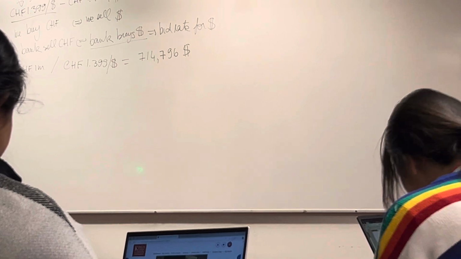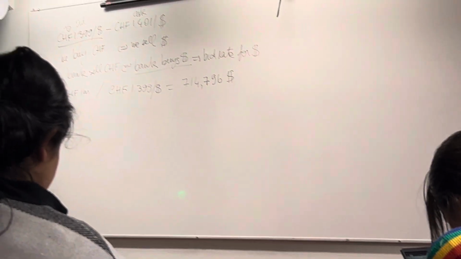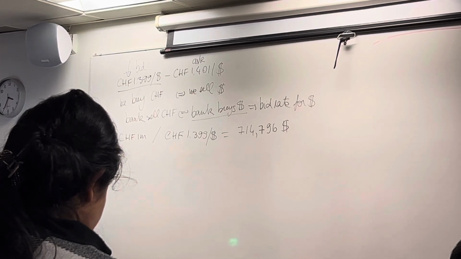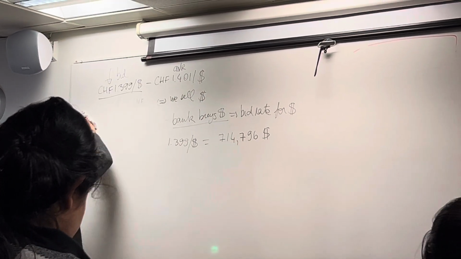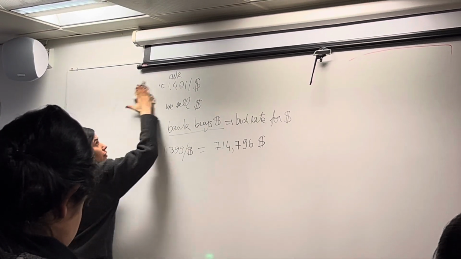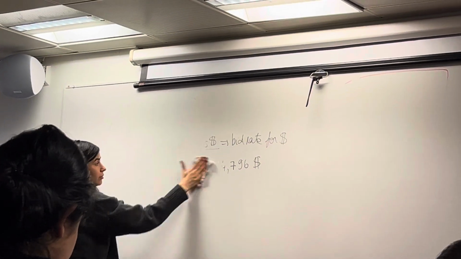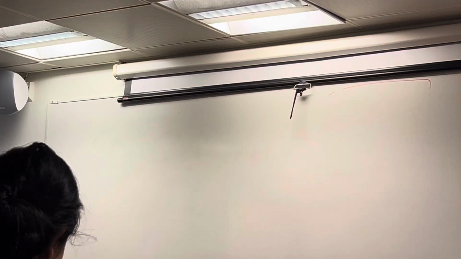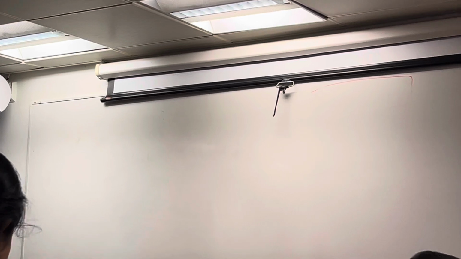Okay, now volatility. What do you think would happen if a currency increases in volatility? Spread increases. Yes, very good. Why? Because it's more risky. Yes, and then uncertainty. Risk and uncertainty.